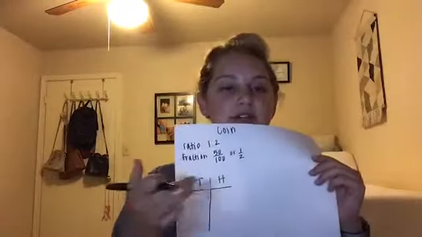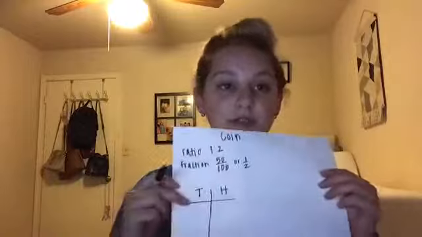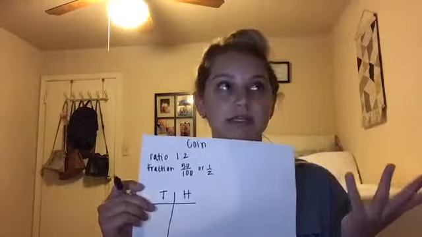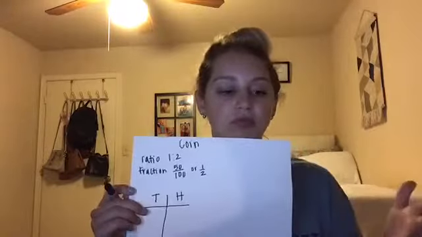And so I'm going to make a little chart. So my chart has tails and my chart has heads. I'm going to flip this quarter 4 times to see if our probability is reasonable, if it makes sense.